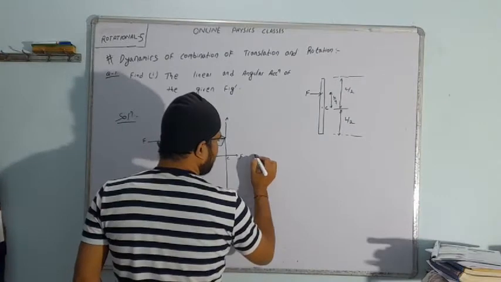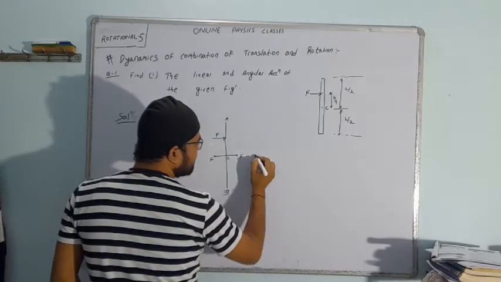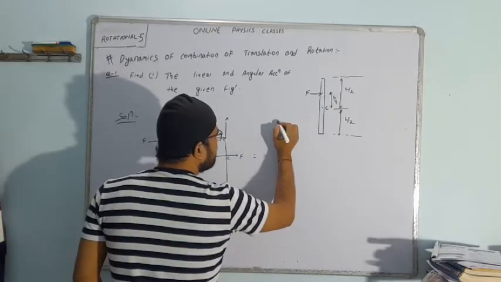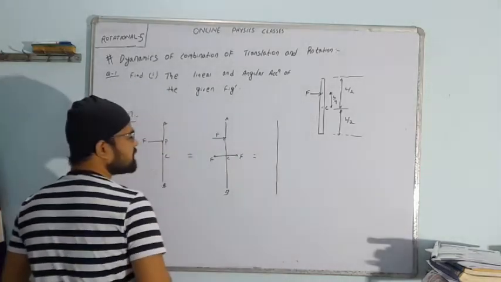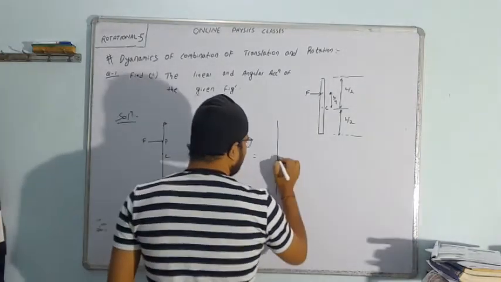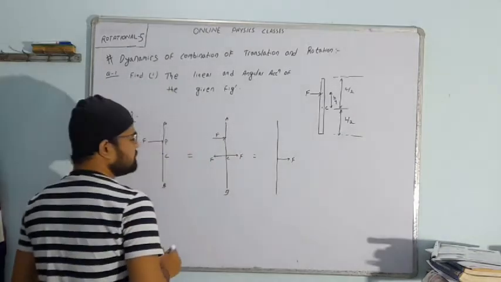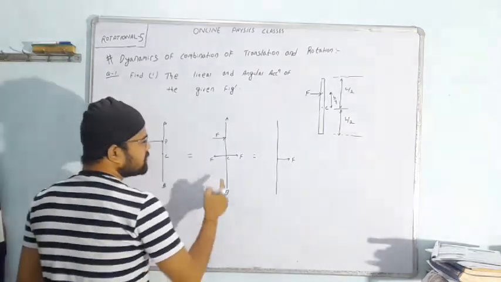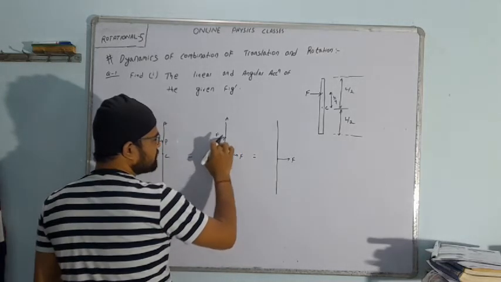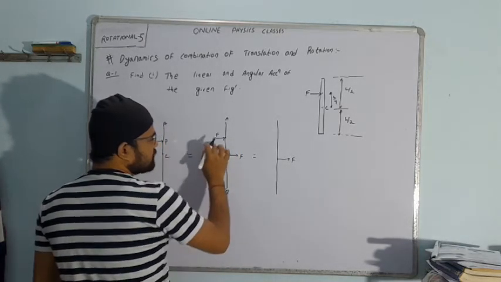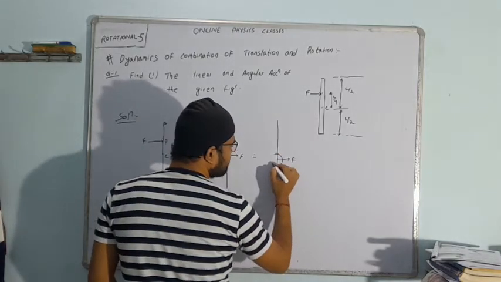See this figure, the final diagram will be like this. The force is F, and due to this force and this equal force, they produce a torque.